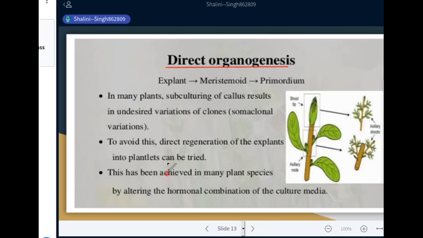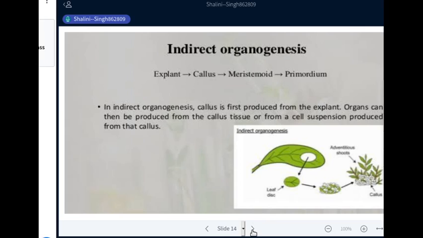In direct organogenesis, direct regeneration of the explant into plantlets can be tried. This has been achieved in many plant species by altering the hormonal combination of the culture media. For this, the explant taken can be either axillary buds or shoot tip. From these explants, shoot induction is done, followed by root induction and finally acclimatization.